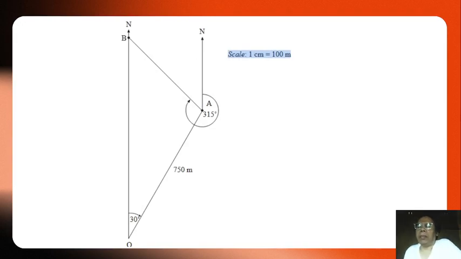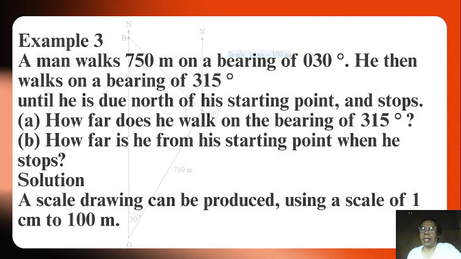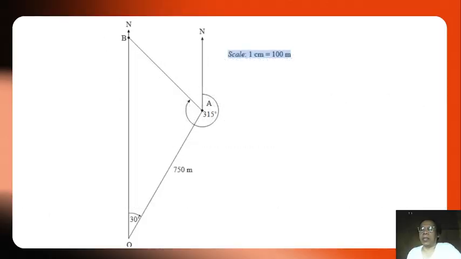So from the origin, the man walked 750 meters on a bearing of 030 degrees.